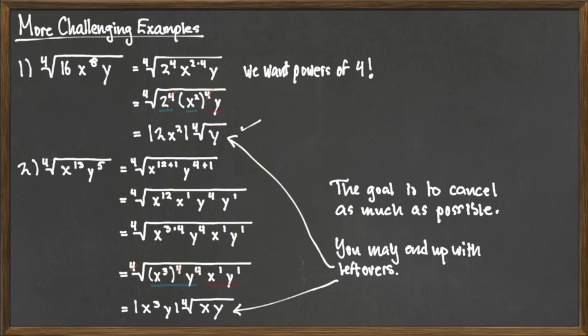What I'm trying to do is find the largest multiple of that index less than my exponent so I can additively break up my values. 13 became 12 plus 1, and 5 became 4 plus 1. Again, I'm forcing powers of 4 to be visible. And as we're seeing in both of these examples, my final answers might have some leftover terms within the radicand. And that's not a problem, that's just how some of these solutions come out.